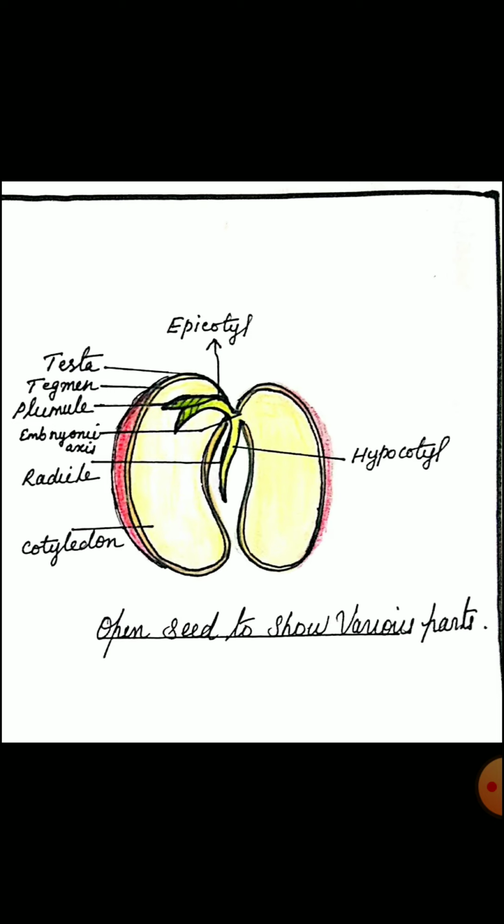The embryo is connected with the cotyledons with the help of the embryonic axis. The plumule has two short leaves and later develops into the shoot system. The lower part, the radicle, changes into the root. So this is the structure of a dicotyledonous seed.